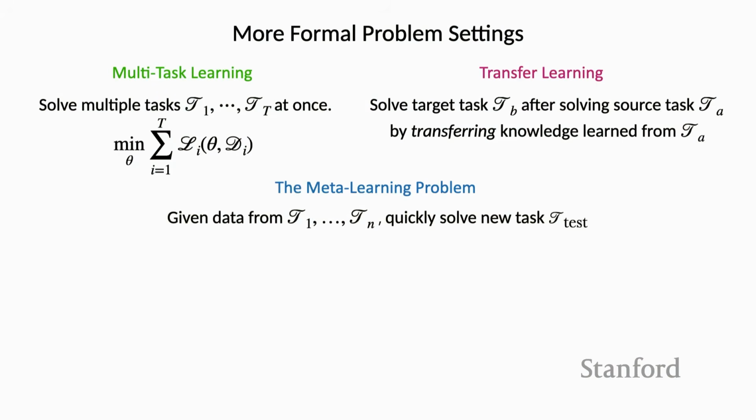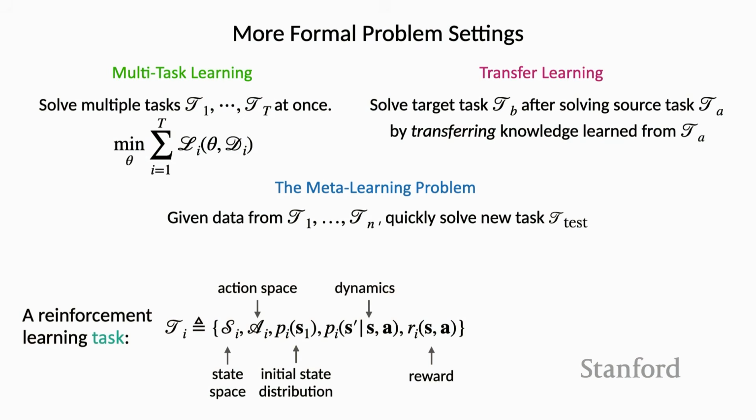Whereas in the meta-learning problem, we have experience from some training tasks, and we want to very quickly solve a new task. In the reinforcement learning scenario, these tasks are going to be MDPs, each with their own state space, action space, dynamics, and reward. There's a nice analogy between meta-learning and supervised learning, where the main difference with meta-RL is this exploration challenge.